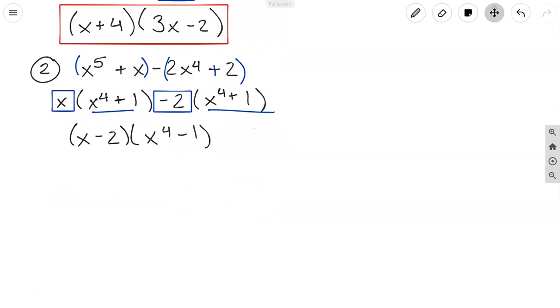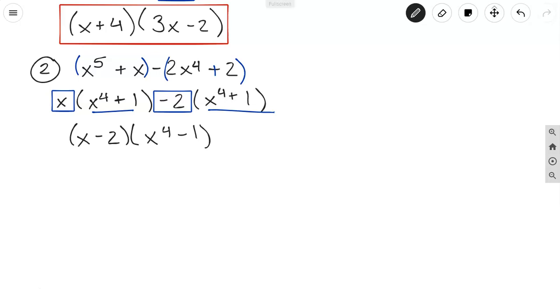So x minus 2 I cannot factor further because I see two terms. I see a minus, so I would try difference of squares, but I know the square root of x I can't get. So I'm not even bothered with that. But looking at this part right here, I'm going to see, oh, I have two terms. Remember what that means.